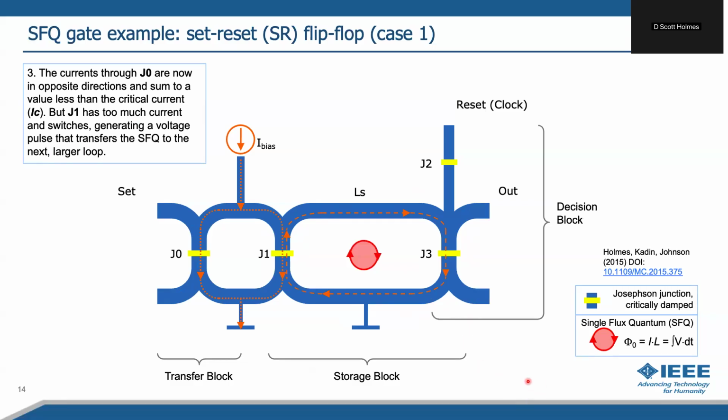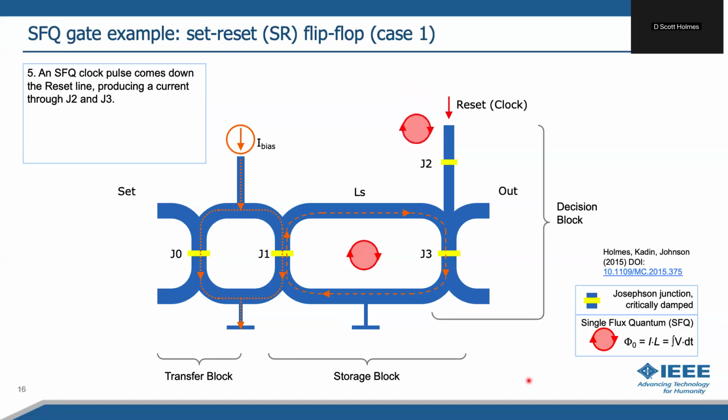And things just sit like this until we decide there's a reset or a clock branch that we can put a current in. And we do that with a flux quantum that drives a current down through these junctions, J2 and J3. In this case, J3 exceeds the critical current. J2 does not.